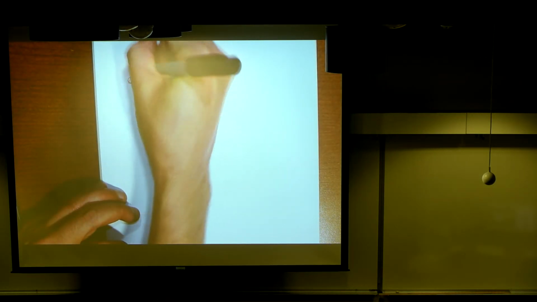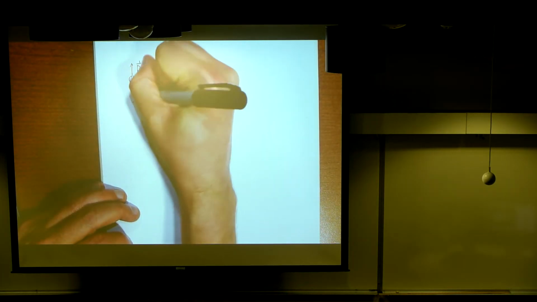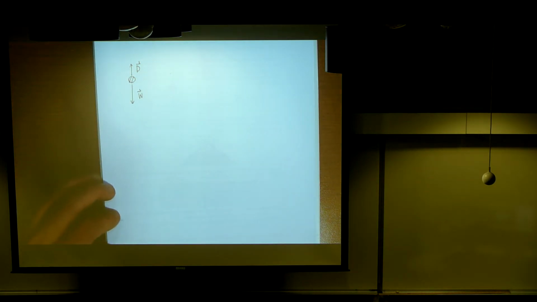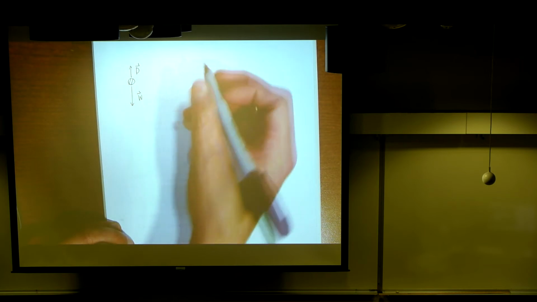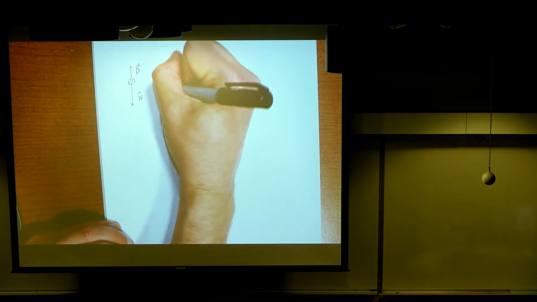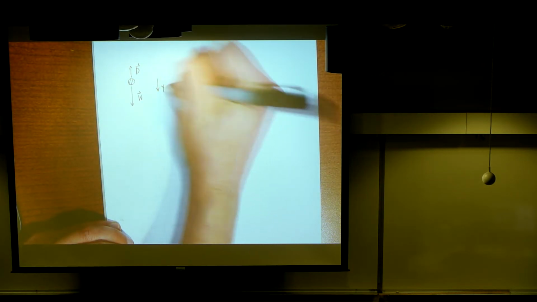We'll have our drag force acting on our falling object, and then we'll have our force of gravity going down. What I'm going to do is have the y-axis point downwards. You're always free to set your axes however you like, so it'll just be simpler if we do this for now.